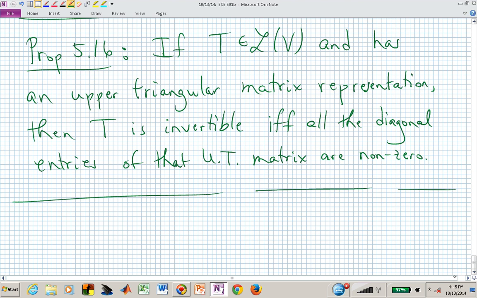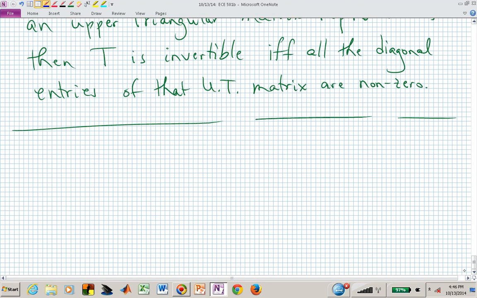So if you can find an upper triangular matrix for your linear map, and there the diagonal elements are staring you in the face, if all of those are non-zero, then that map has an inverse. If you have a 0 sitting there on the diagonal, then you can't invert that linear map. That now leads us into one of the most important results in chapter 5.